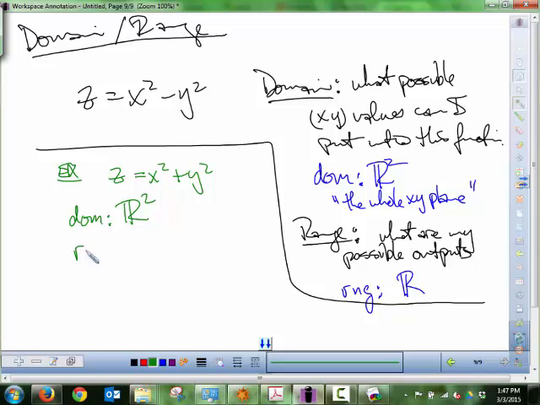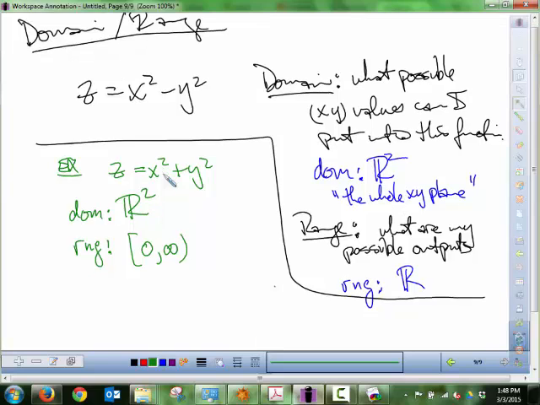What's the range for this one? All positive? Can we have 0? Yeah, you can have 0. How are you going to get 0? So if x is 0 and y is 0, you get 0. Okay, so it looks like our range is going to be all those numbers, including 0. Now let's do another one.